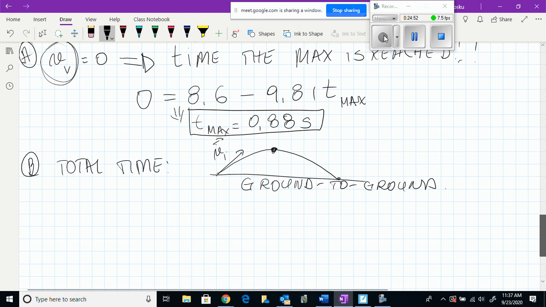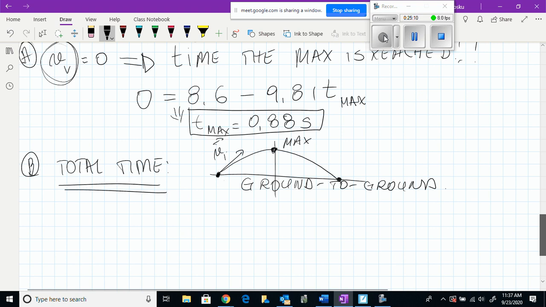The maximum, as we mentioned before, is reached at the half time. So the time that it needs to go from the starting point to the maximum, and from maximum until it hits the ground for the first time, is the same.